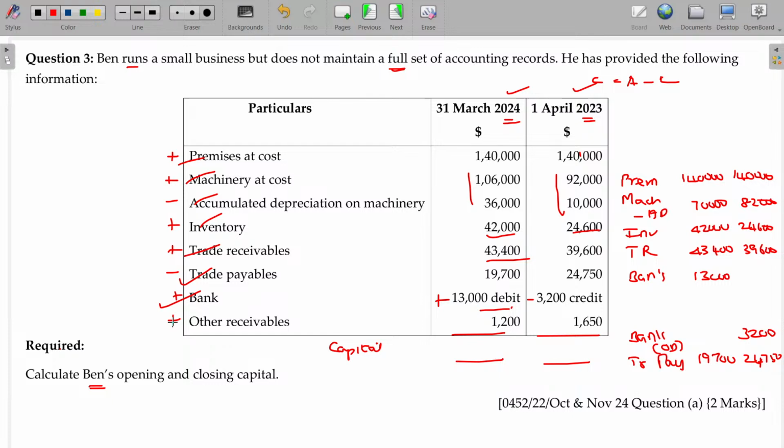Other receivable, asset, 1,200, 1,650. Asset minus liabilities total, the difference between these two is the capital. This is closing, this is opening.